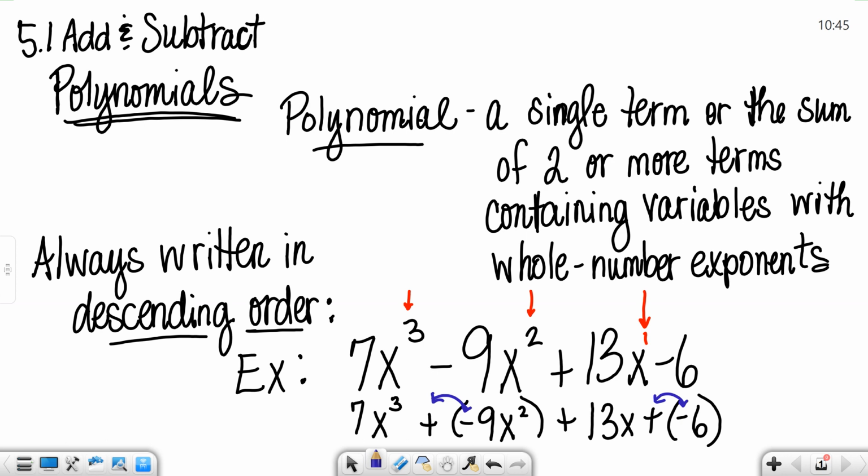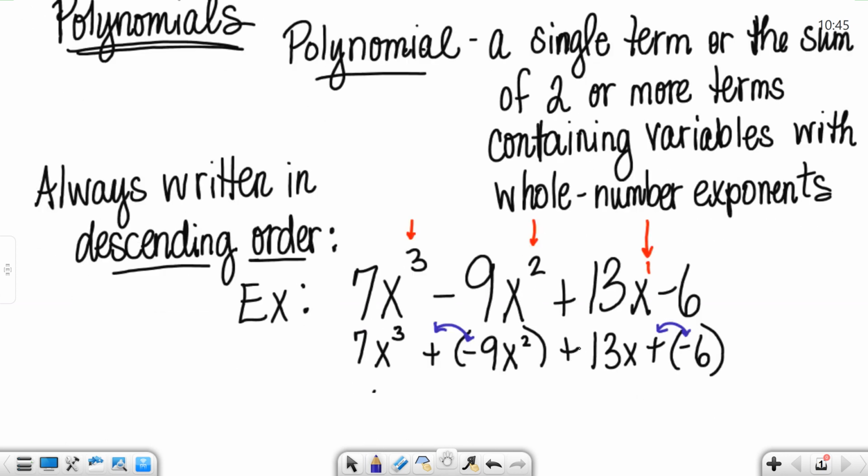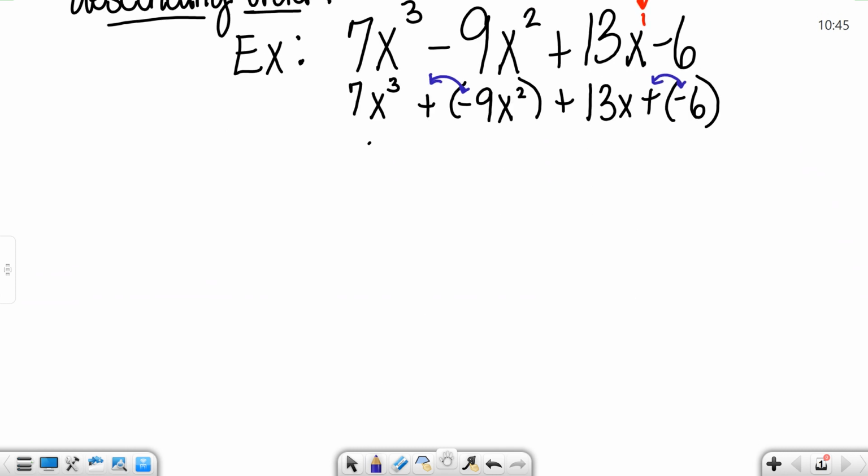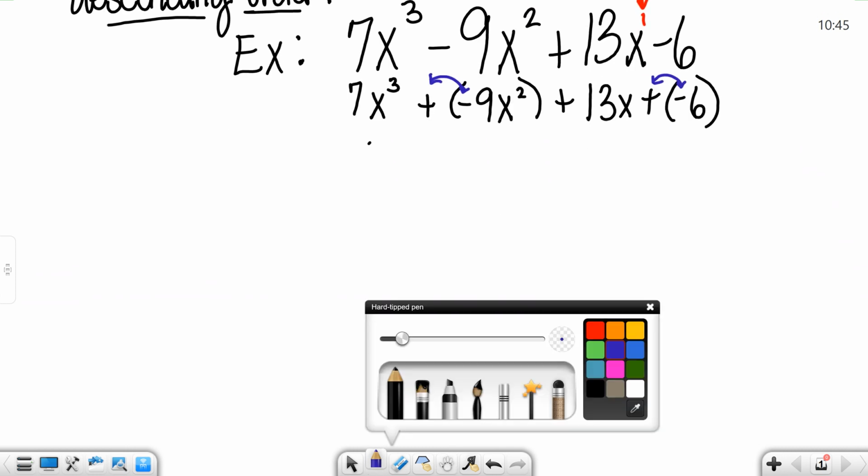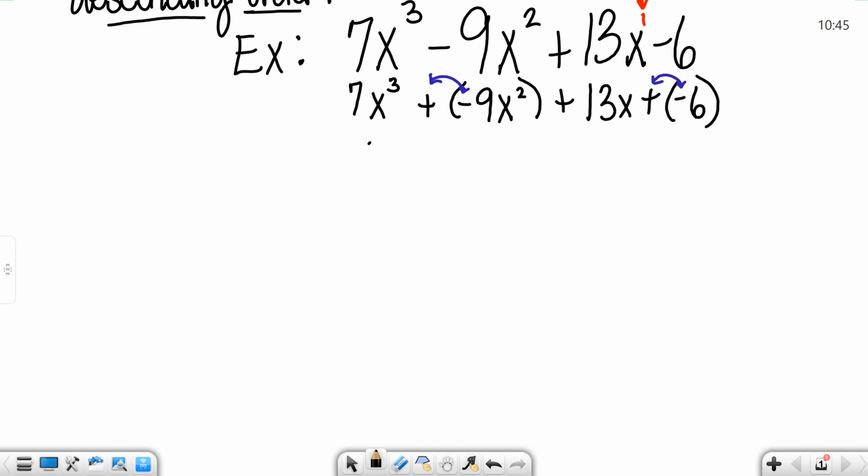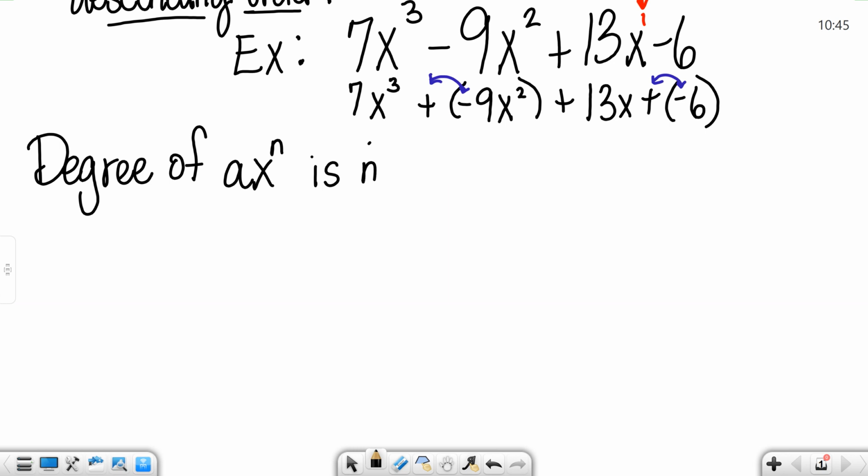All right, there's a couple of other words that we need to look at before we move on. One of those words is the degree. Each term has a degree, and a term looks like this, ax to the n, and its degree is just that n.